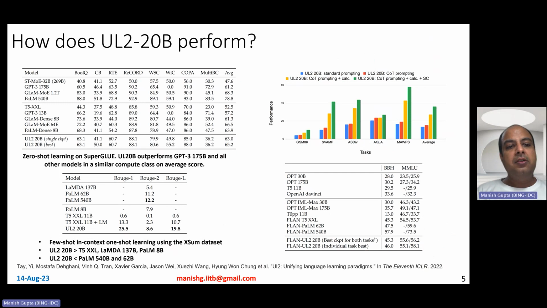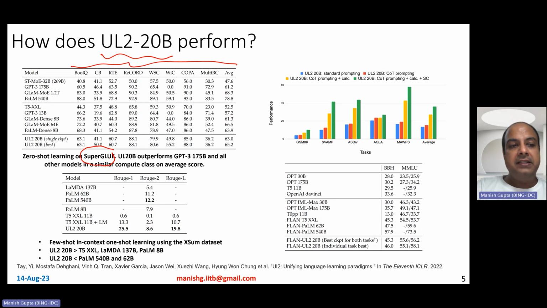Now, here are some more results about this UL2 20 billion parameter model. If you do zero-shot learning on SuperGLUE, you essentially take the pre-trained UL2 20 billion parameter model and just do zero-shot learning across several different SuperGLUE tasks that you see here.